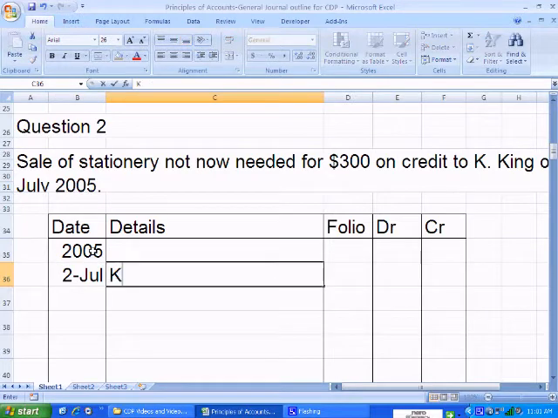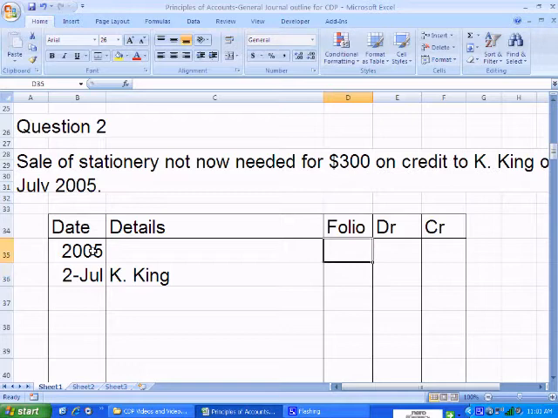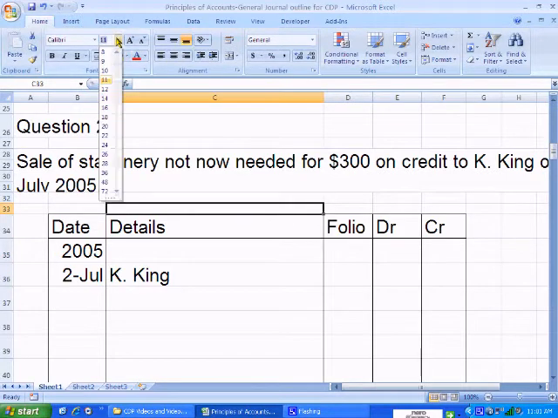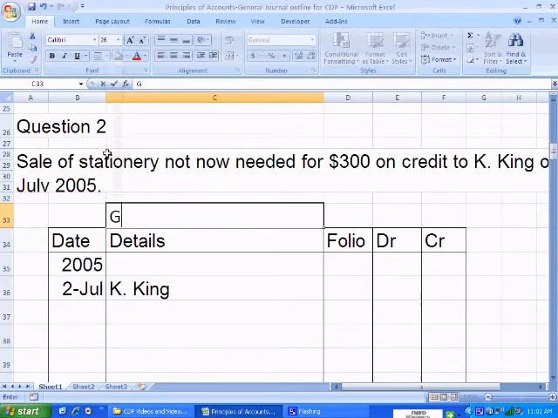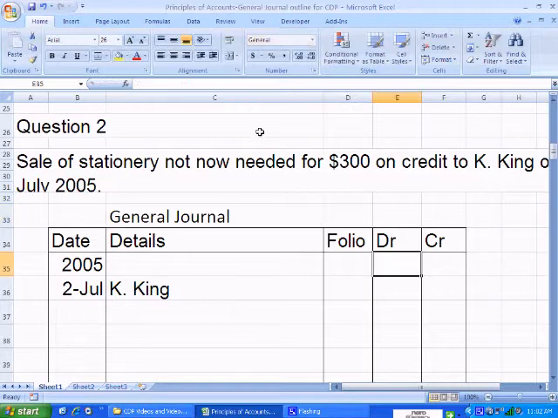In the general journal, as usual, you write your title right here. Your title would be general journal. Then you place your dollar signs now. This time, debit K King would be $300.